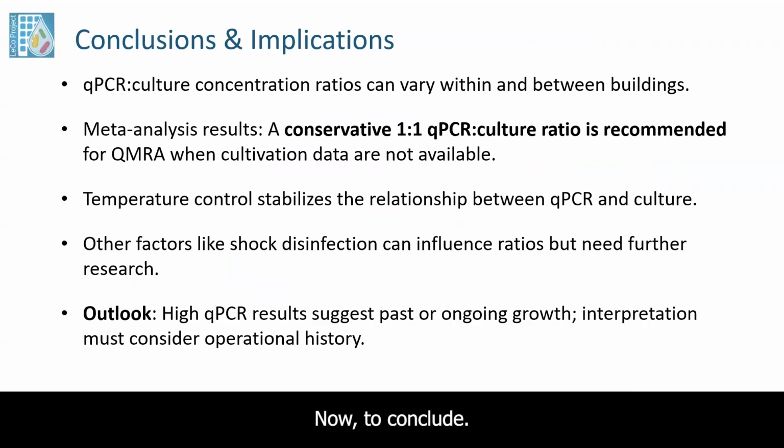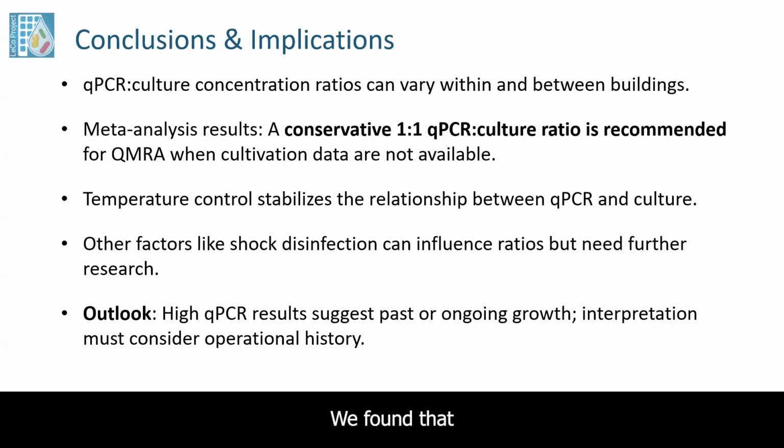Now, to conclude, first, the qPCR to culture ratio can vary both within a single building and between different systems. Based on our meta-analysis, we recommend applying a conservative 1:1 ratio between qPCR and culture results when quantitative risk assessment must rely on qPCR measurement alone.